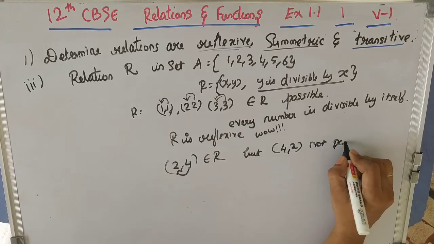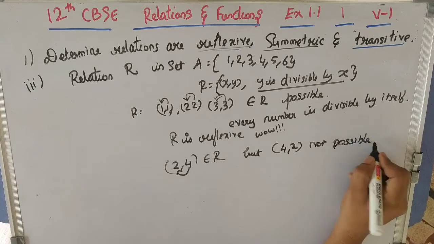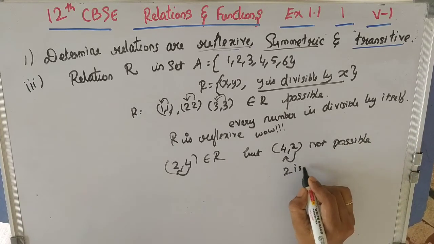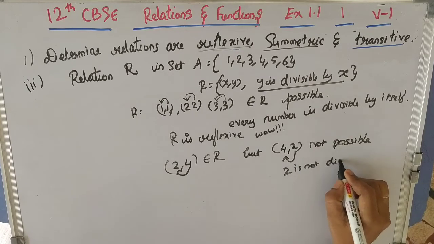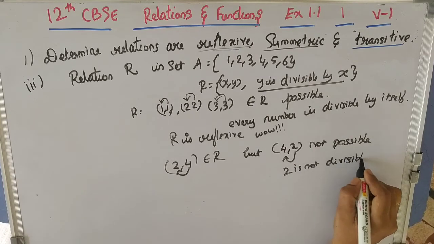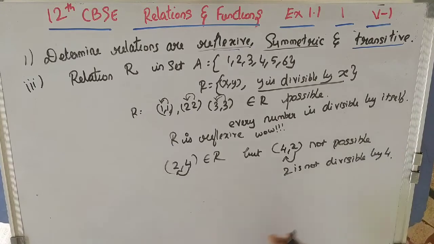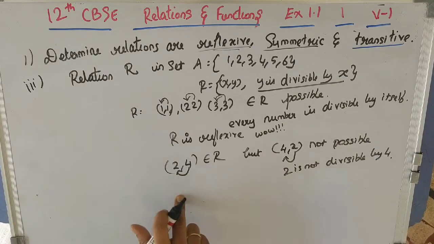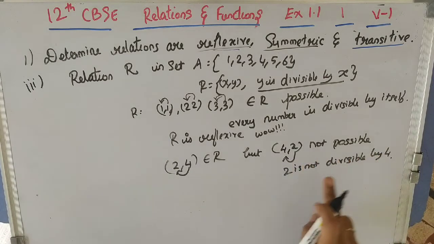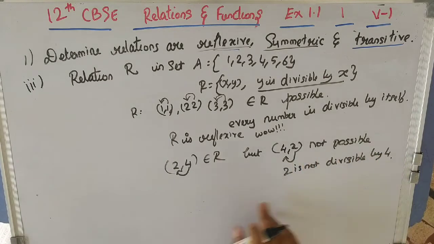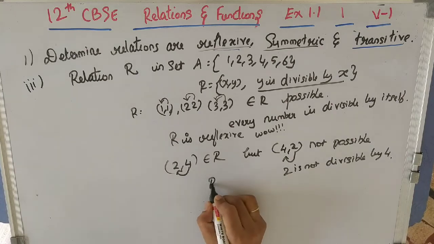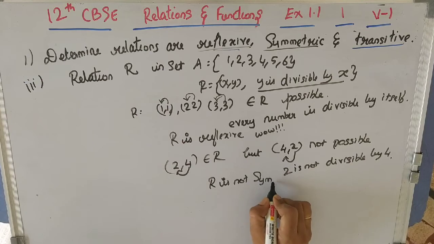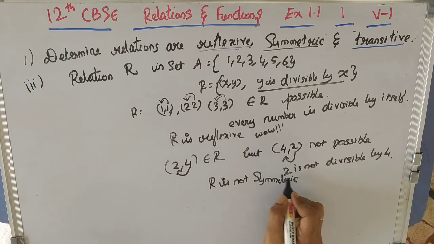No, because 2 is not divisible by 4, isn't it? 4 is divisible by 2, so (2, 4) is an element of R, but (4, 2) is not possible because 2 is not divisible by 4. Clear? So we can conclude that this condition applies for all the elements 1, 2, 3, 4, 5 and 6. So this relation R is not symmetric.